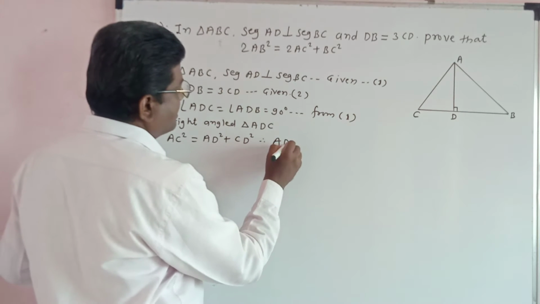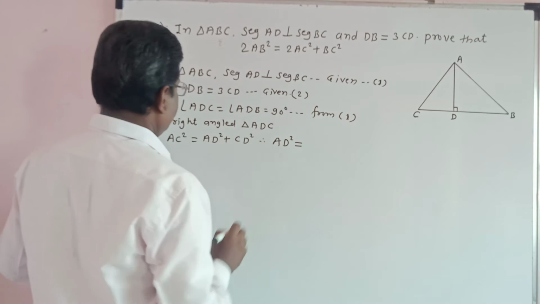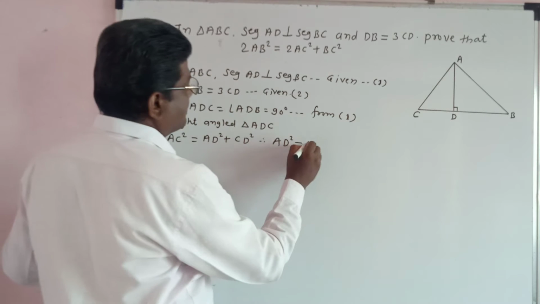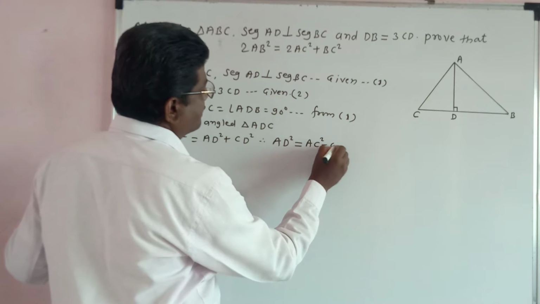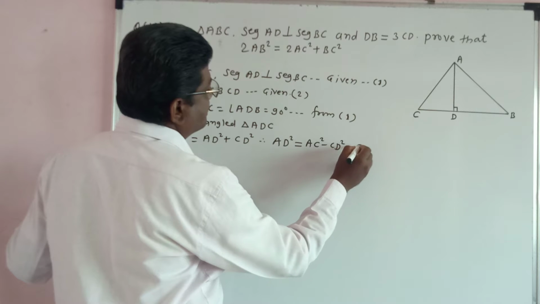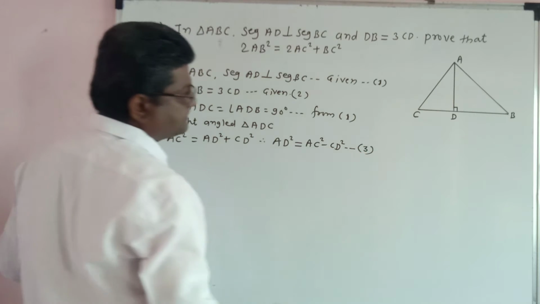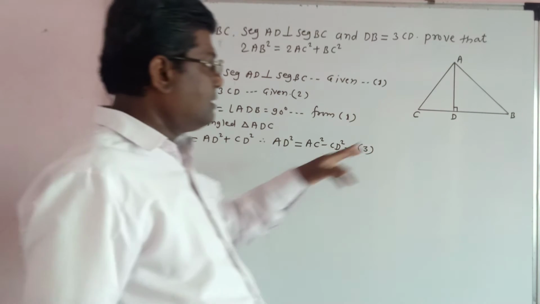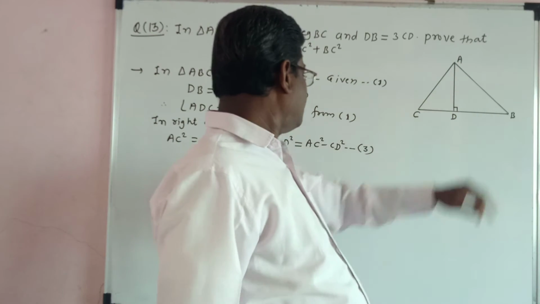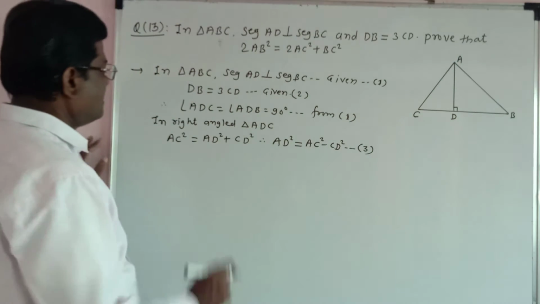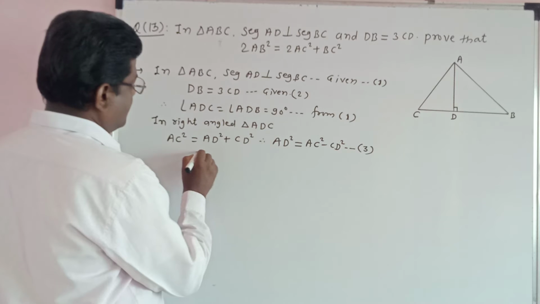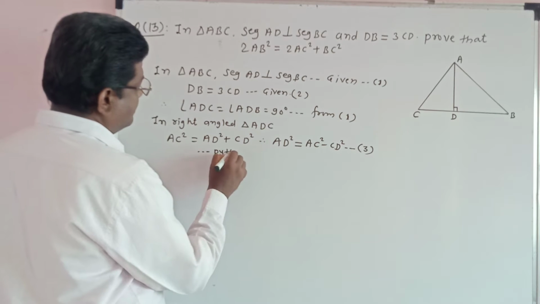Therefore, AD square is equal to AC square minus CD square. This is equation number 3. Here the reason we have to write is Pythagoras theorem.